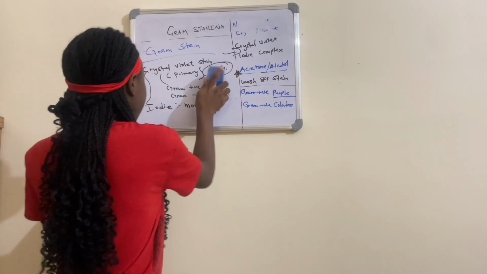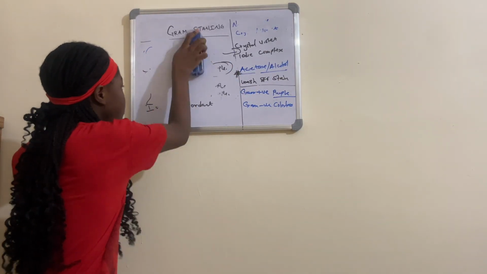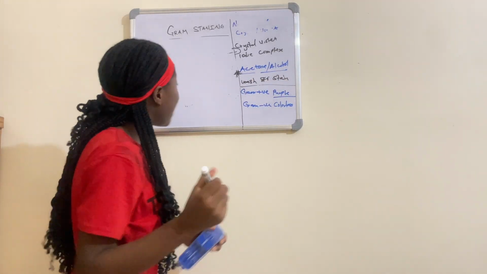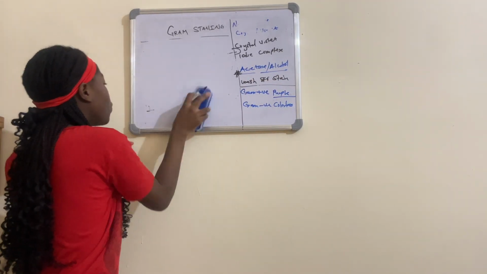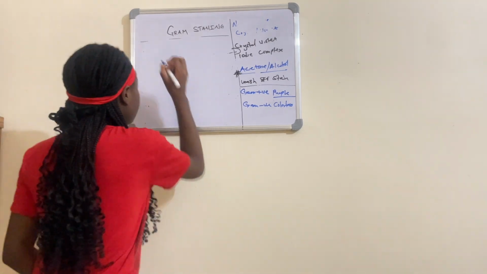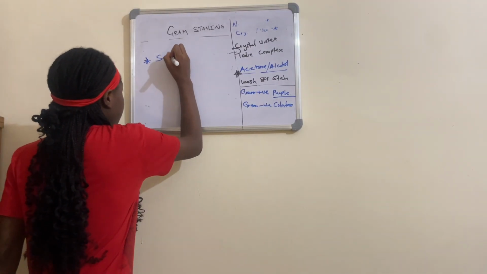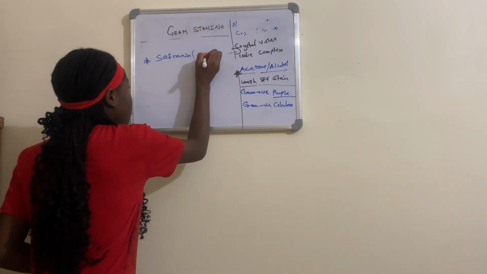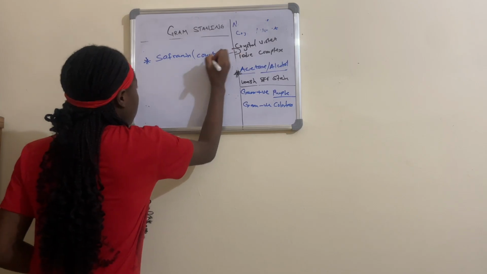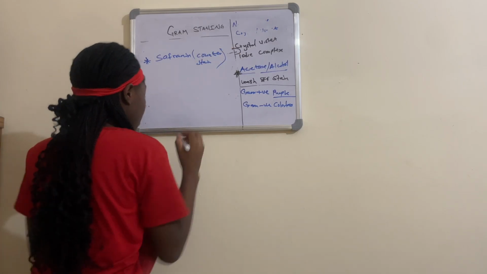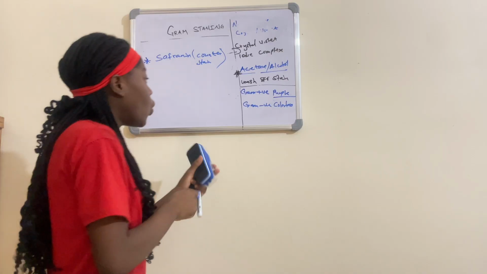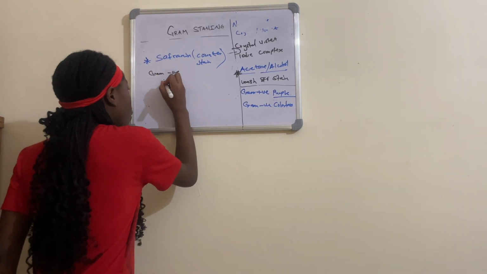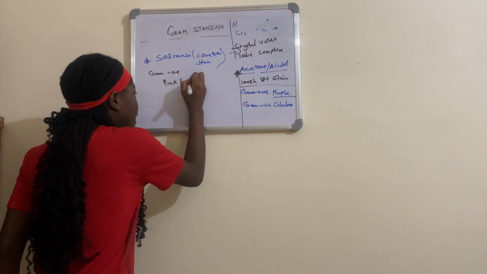After this, let's go to the next step. The next step, after adding the acetone or the alcohol, is the counterstain, and we mostly use safranin. We use safranin as the counterstain. This safranin will go and stain the cell wall of the gram-negative bacteria and give it a pink or reddish color.